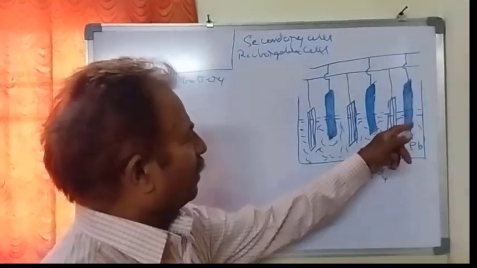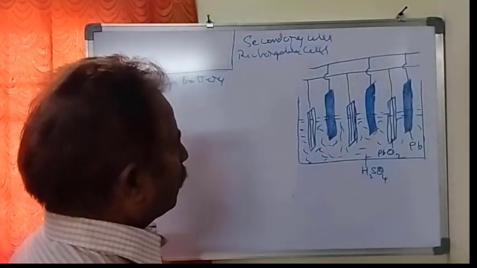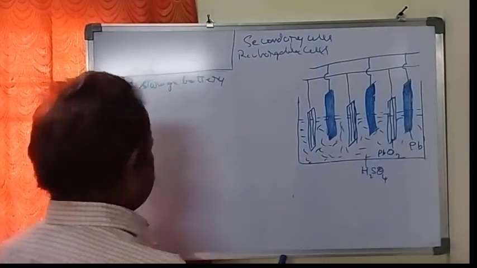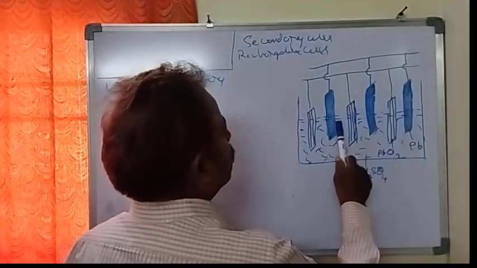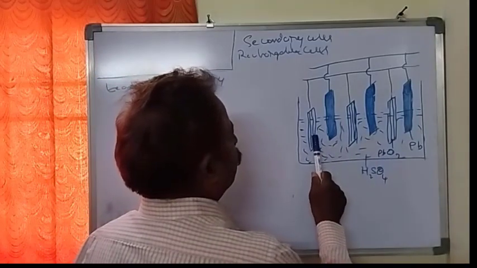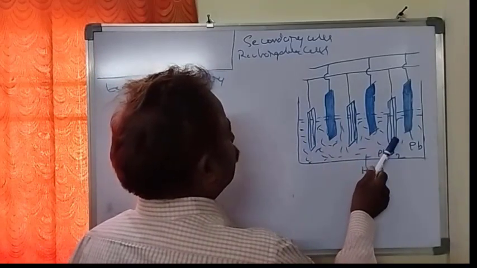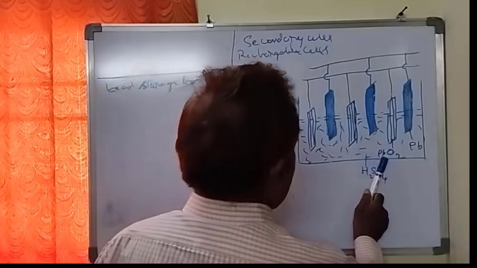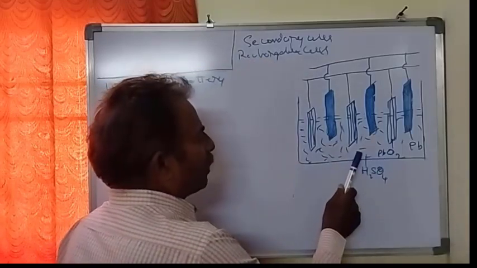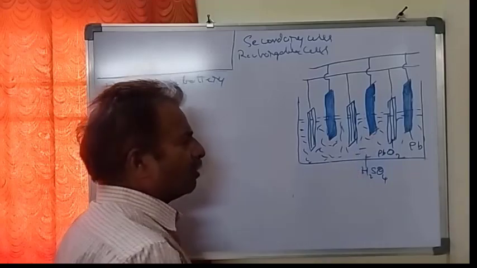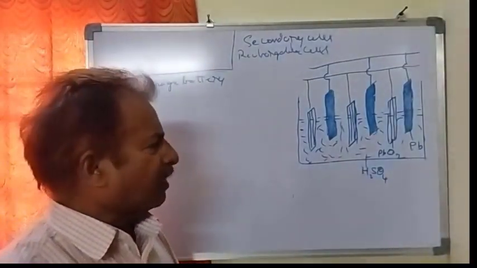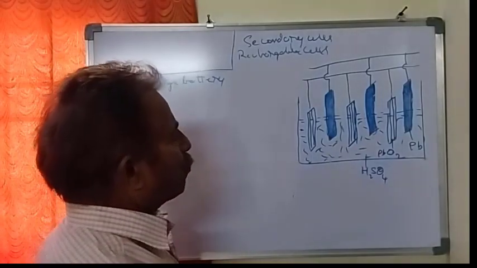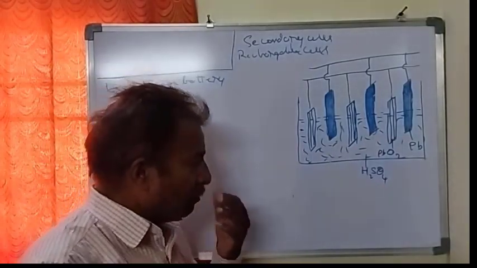They are spongy lead. These spongy lead sheets are used as anode, and the cathode is a grid of lead sheets deposited with lead dioxide, PbO2. 38% sulfuric acid is used as electrolyte. So this is the setup of the lead storage battery.